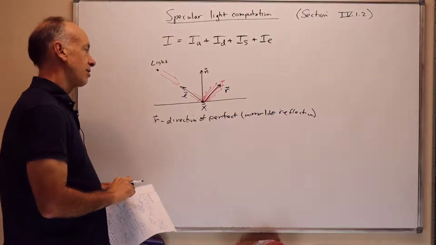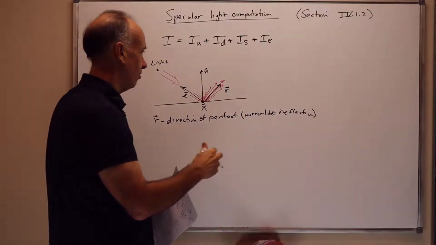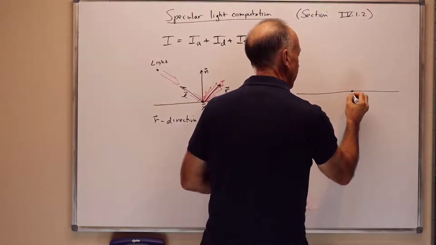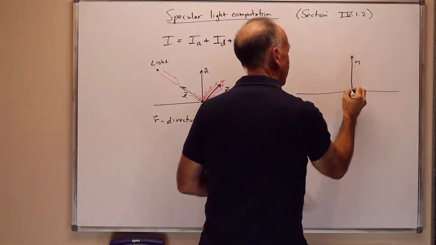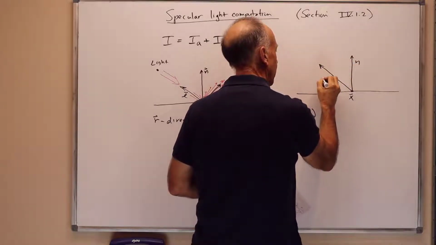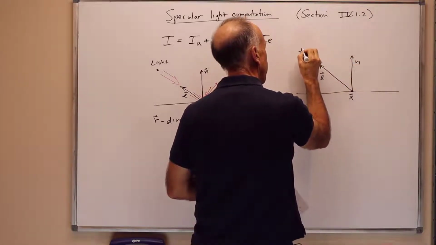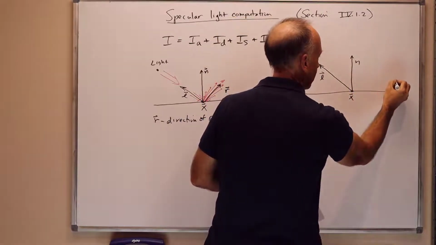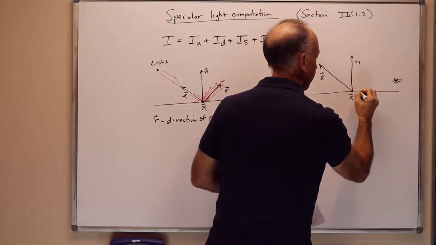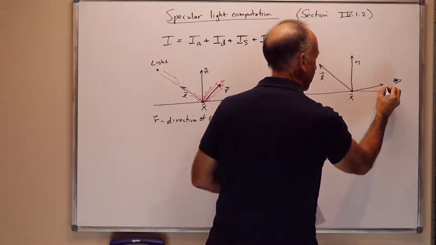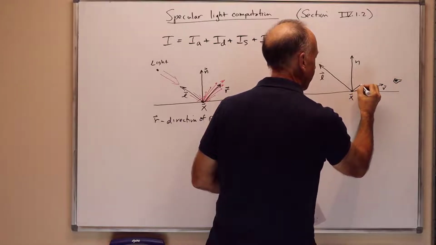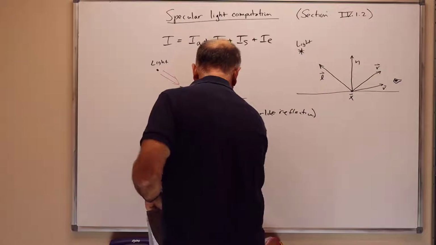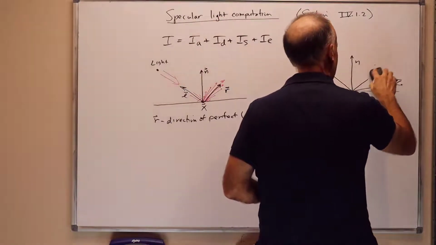So to redraw this with all the vectors shown, here's the same scene. I've got X, I've got the normal vector N, I've got the L vector pointing towards the light, I've got the vector towards the viewer, which is the V vector, and then I've got the direction of perfect reflection, which I call R. It's a unit vector just like L is.